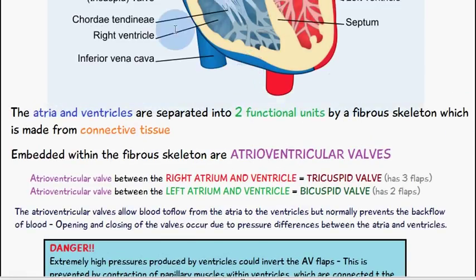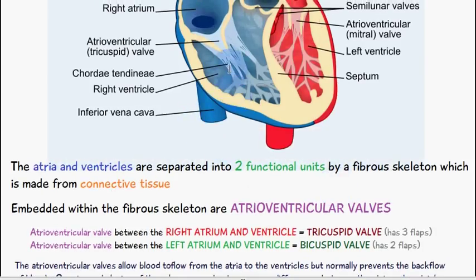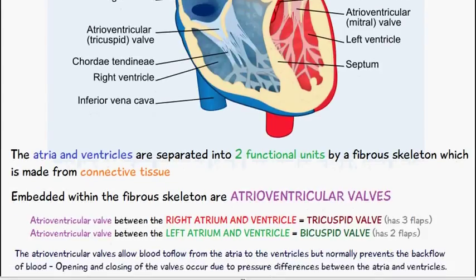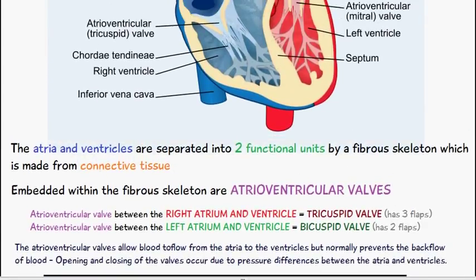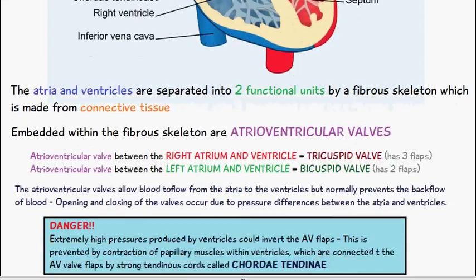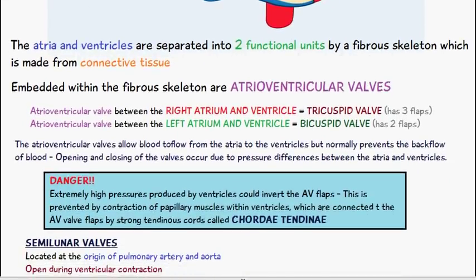They're connected to the papillary muscles of the heart, and it's a fibrous cord which is attached onto the valves. And let's see it clearly. It's this cord here which is attached onto the valves to prevent them from inverting. And that's sort of a prevention. But remember, in some cases there could be damage to these cords as well. So we're just learning the physiology for now, but it is important to bear that in mind.